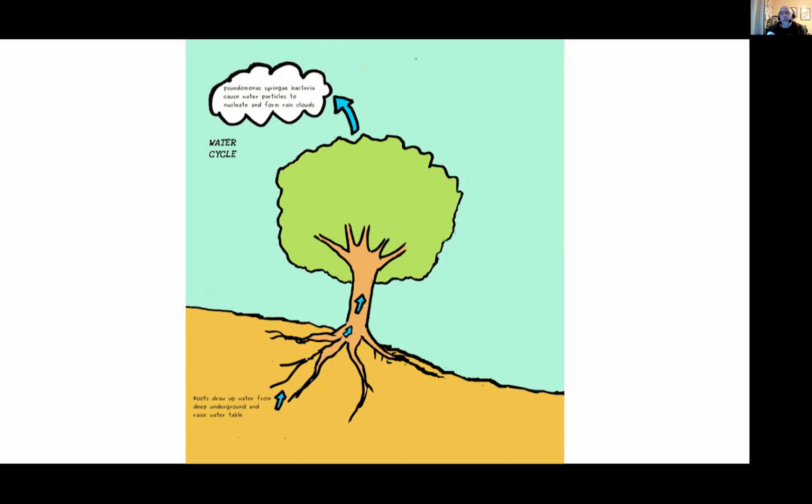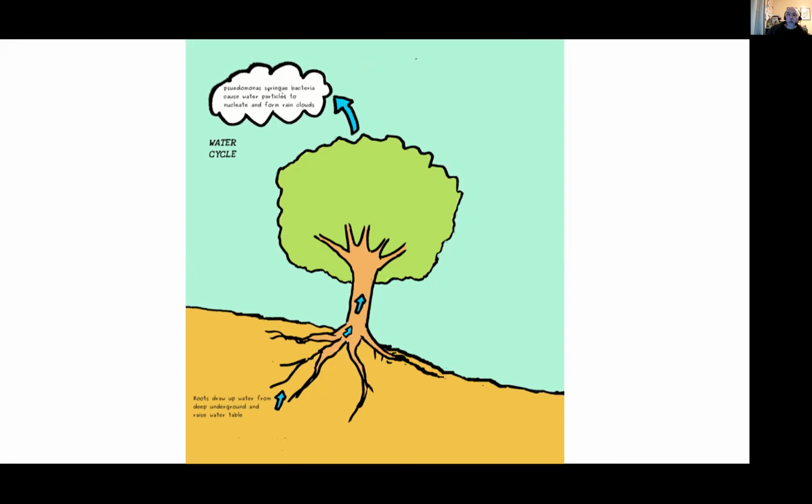So they will start to form these ice crystals, and they begin to coalesce in the atmosphere through a nucleation process, and more and more of these water particles with these bacteria will gather and coalesce, and eventually they're going to form rain clouds in the sky.